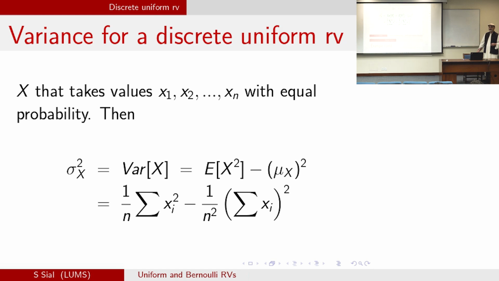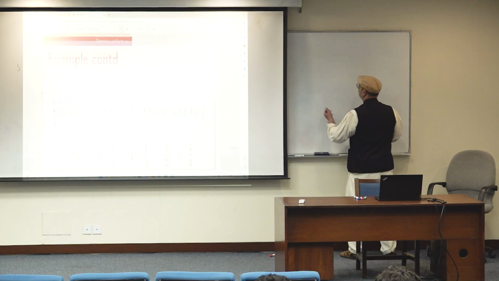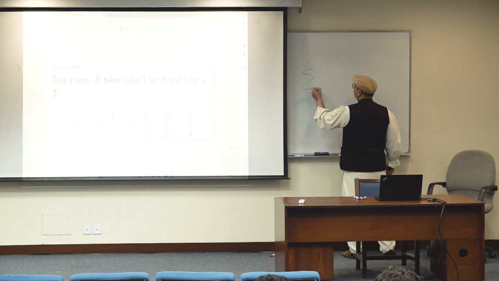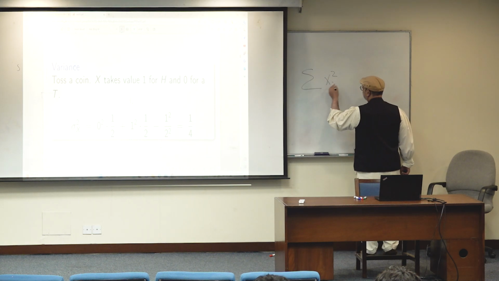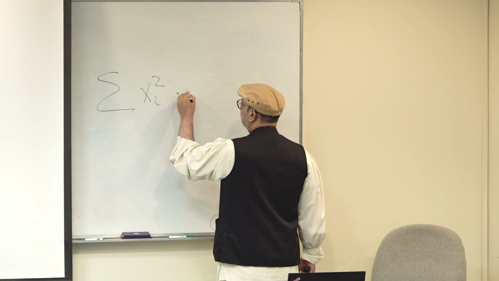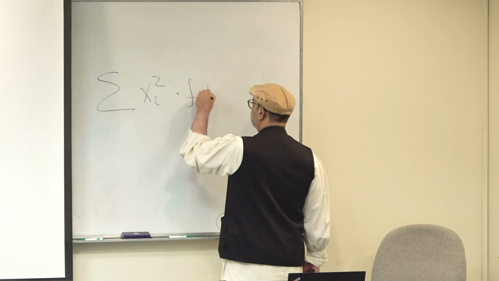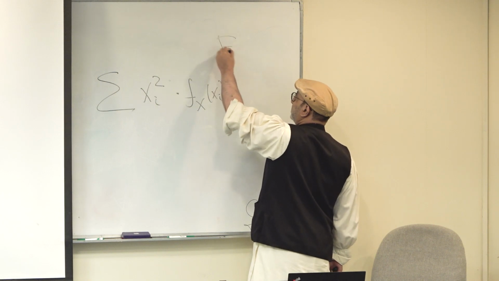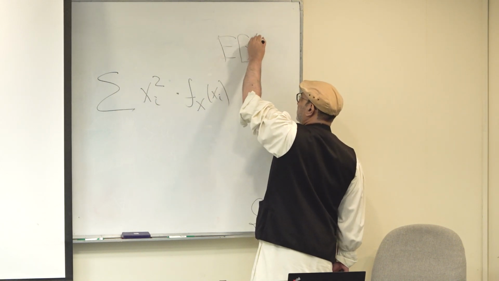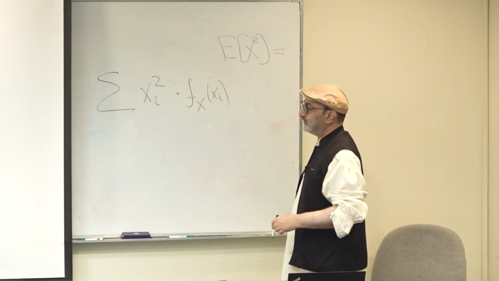Okay? Now, so what do you have over here? You have this part, the expectation of x squared. So that's the formula for the expectation of x squared, right?